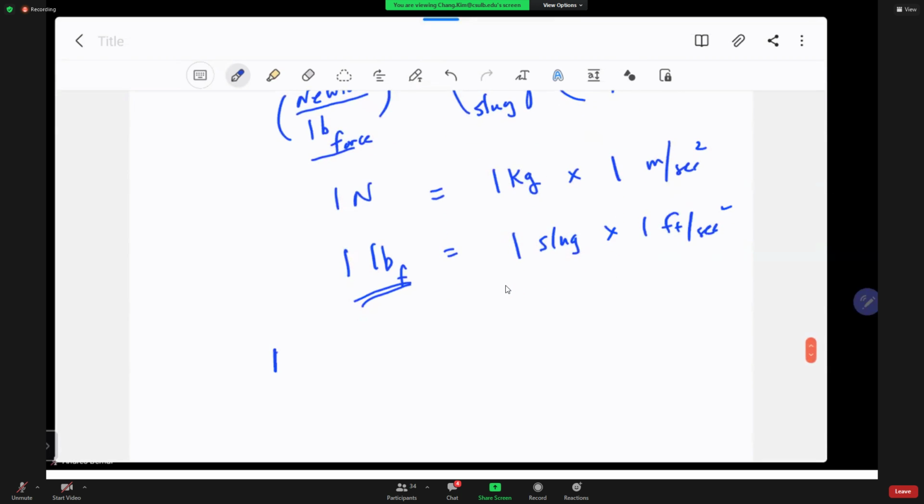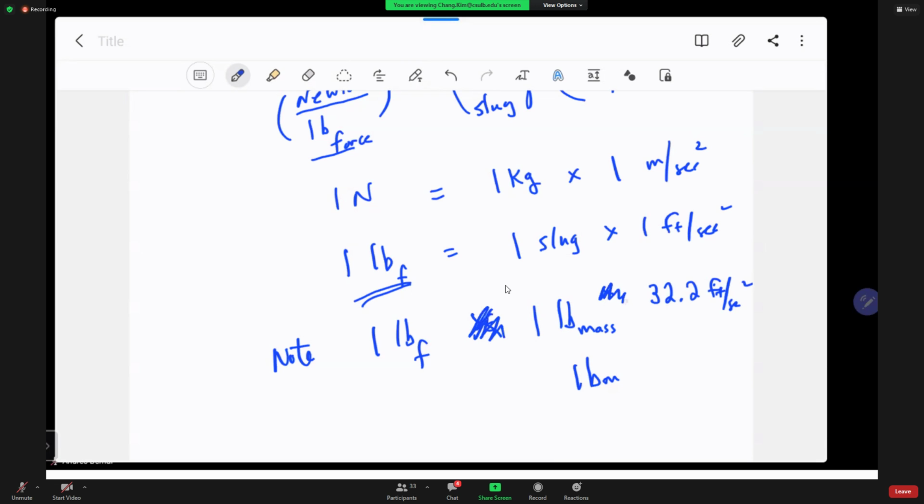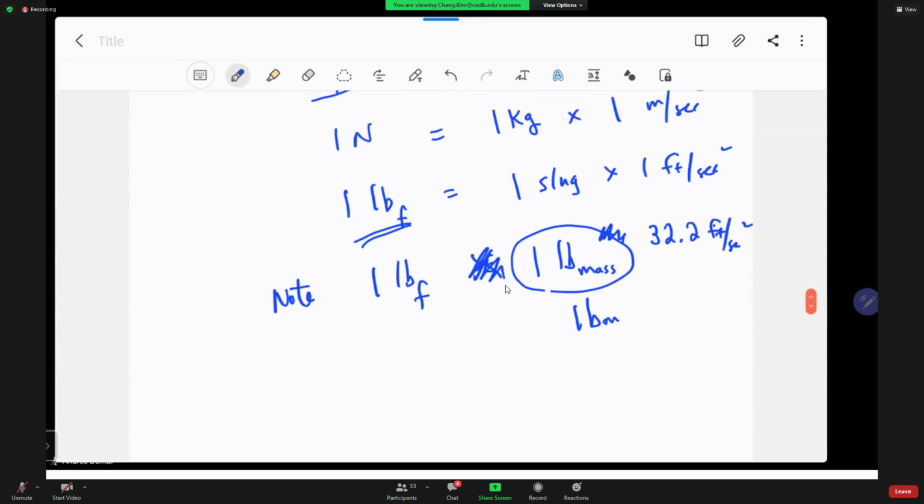Also, 1 pound of force is defined when we have 1 pound of mass, designated as lbm, accelerated at 32.2 feet per second squared. It's very difficult to conceptualize when you work with a pound mass, so you need to be a little bit careful.